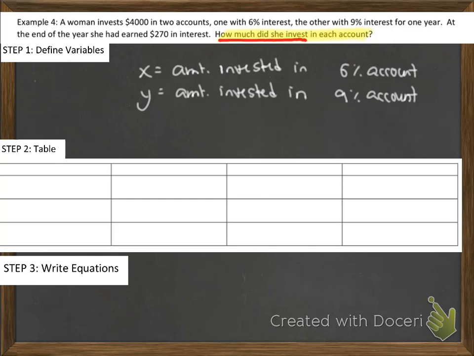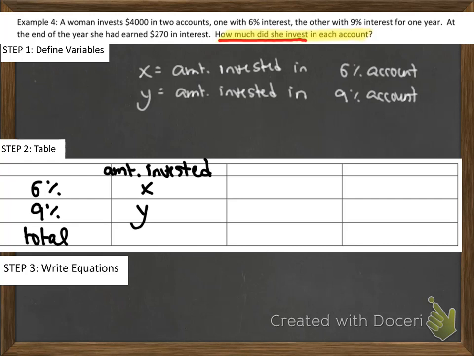So let's jump down to our table. So we have the 6% account, the 9% account, and of course we have a total. So our first column can simply be the amount of money that was invested in each account. Of course, we don't know how much was invested in each account individually, so we can just use our variables that we just defined.